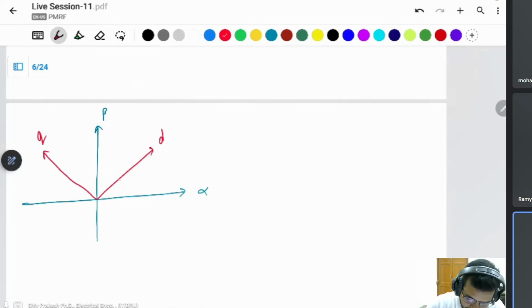Between alpha beta and them there is some angle known as the delta angle. The DQ axis is fixed, the magnitude is fixed, and the rotating angle is delta, which is omega t with respect to time. This one gives some magnitude with respect to time, but the D magnitude is fixed.